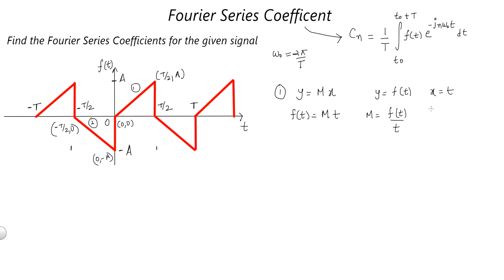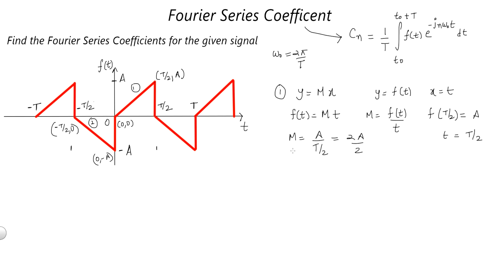So at t equal to T by 2, f of t is equal to A. Putting in the values, we get m equal to A by T by 2, which is equal to 2A by T.